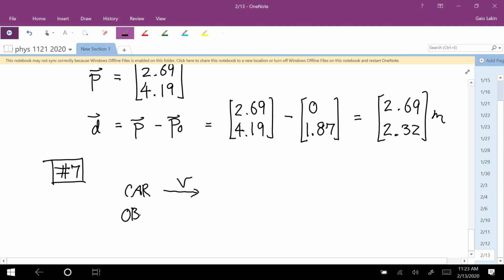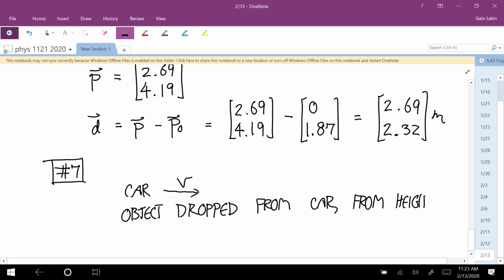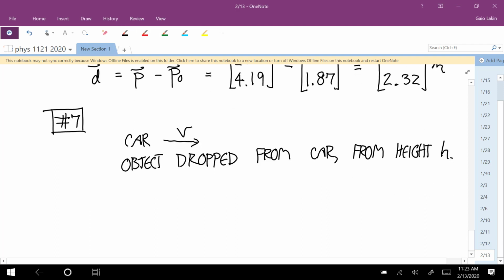And an object is dropped from the car from a height h. How far does the object travel horizontally before it hits the ground?